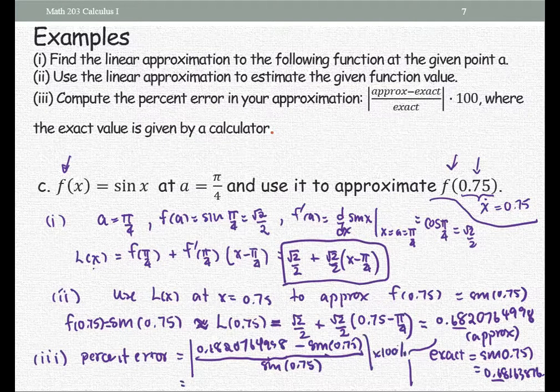The number comes out to be 0.0010 and then 64%. It's very, very small. It's less than 0.1%. So this is a good approximation.